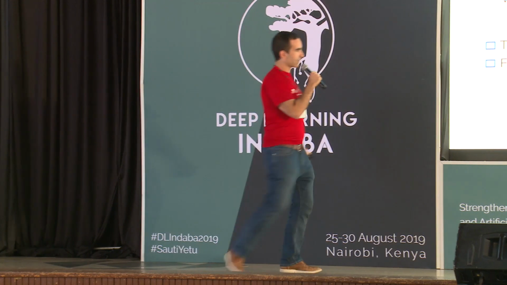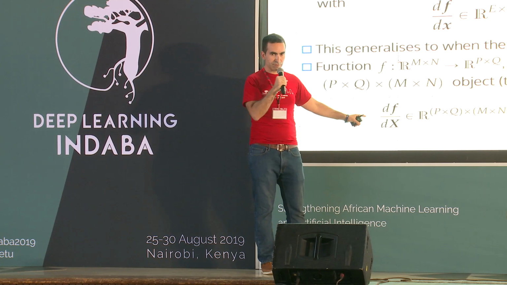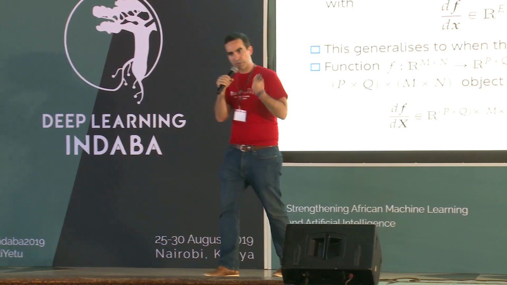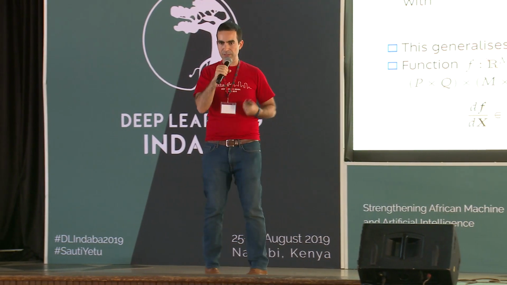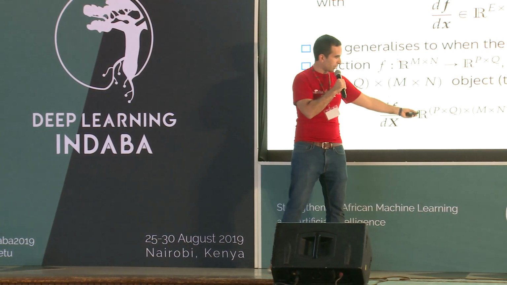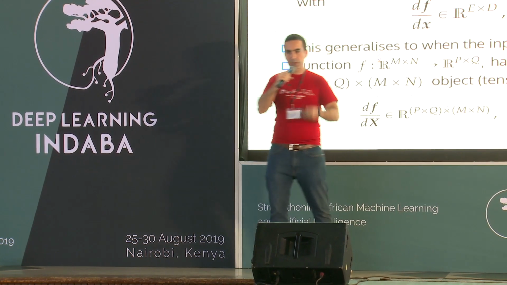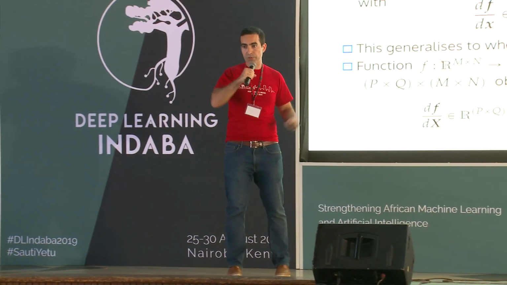Everybody with me? This is actually really useful, and this is really what's going on. I'm trying to give you an intuition about what's happening here; it's not just a math exercise. The intuition is that I'm going from an image m by n to another image p by q, maybe scaled down, or it could be the same.